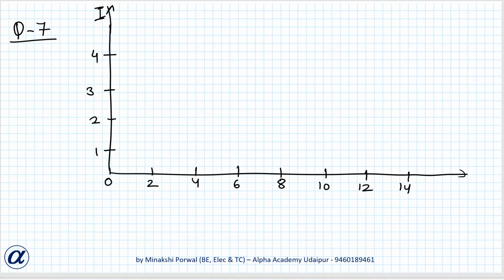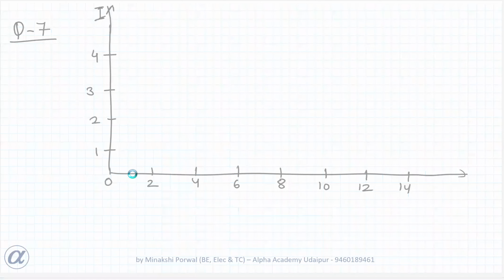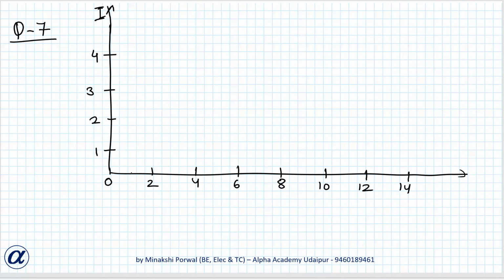Now when V is 1.6, suppose this is 1. So 1.6 will lie here somewhere after 1.5.